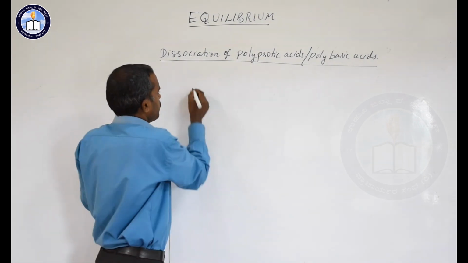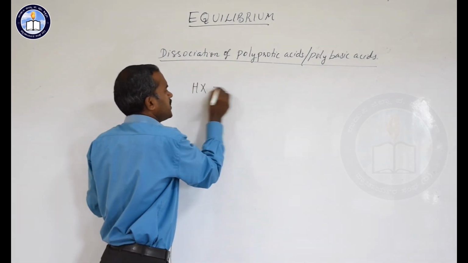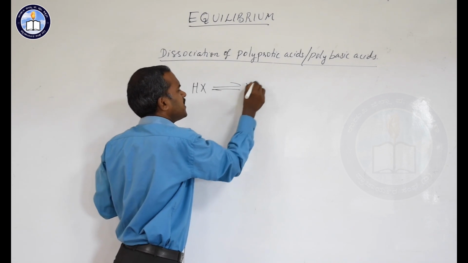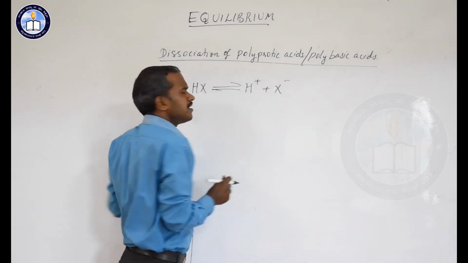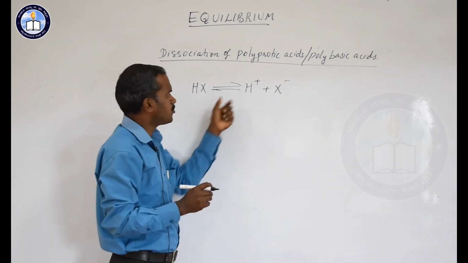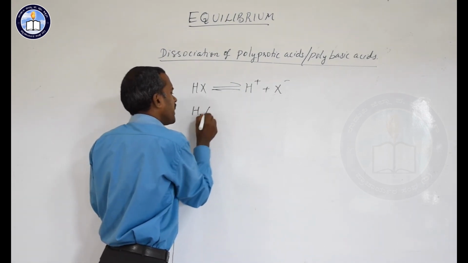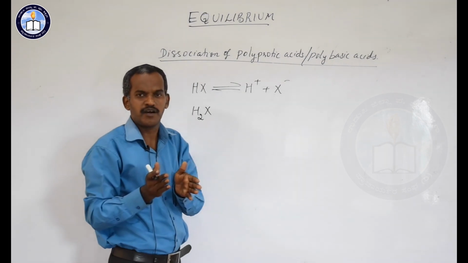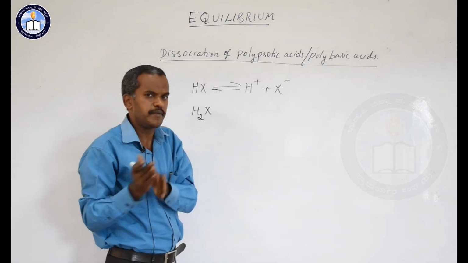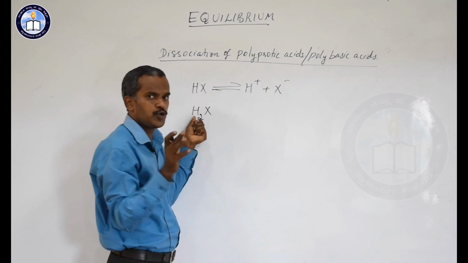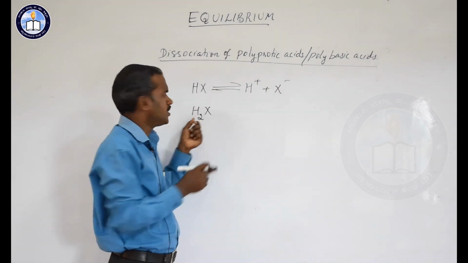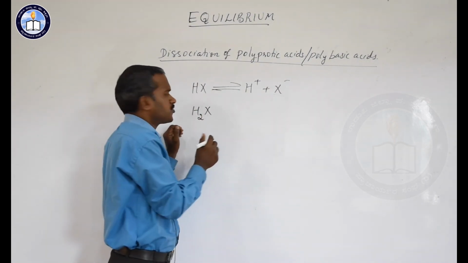Just like if I say HX, it dissociates partially to give H plus and X minus. Now this is a monobasic acid, it gives only one proton. Suppose I write H2X, examples like oxalic acid, sulfuric acid and many more, they have two replaceable hydrogen atoms, so they have two protons after dissociation.